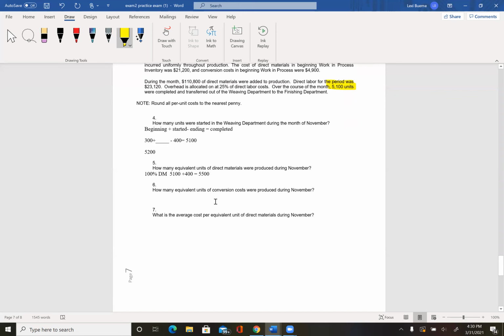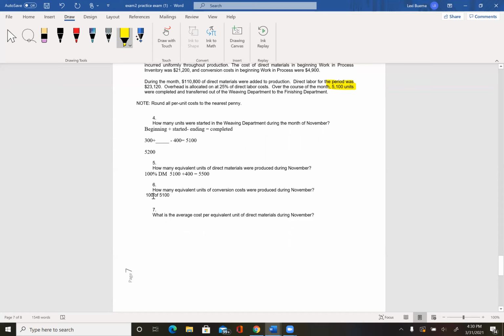And now for conversion costs, you have to take the direct materials, and you also have to take the direct labor. So for the conversion costs, since there's going to be 100% of the 5,100, the 5,100 is the completed, which is what we used right here in 5 as well.